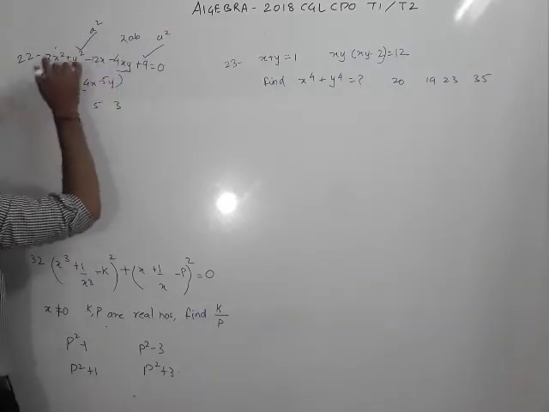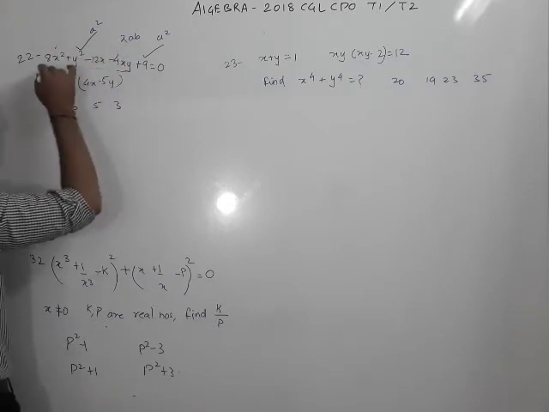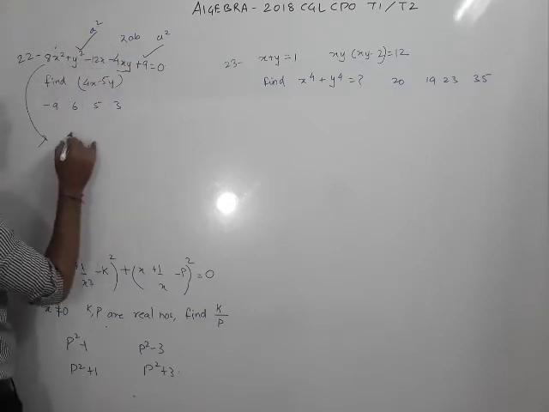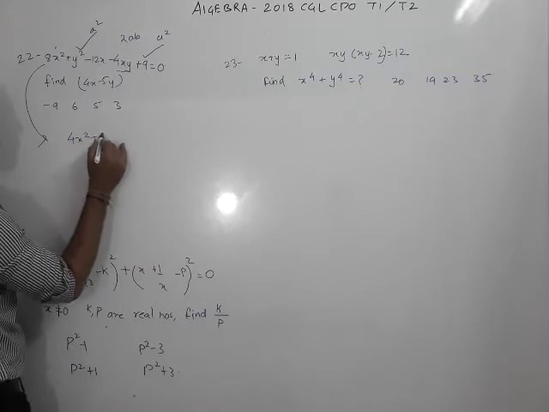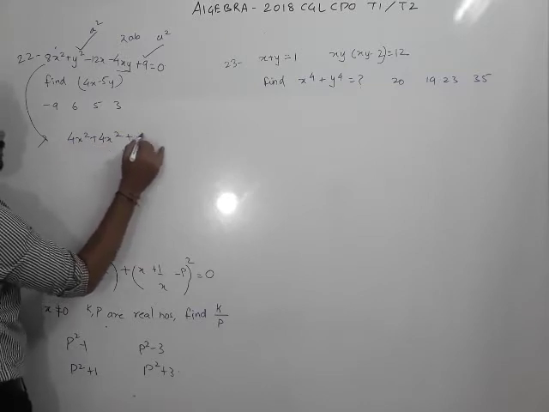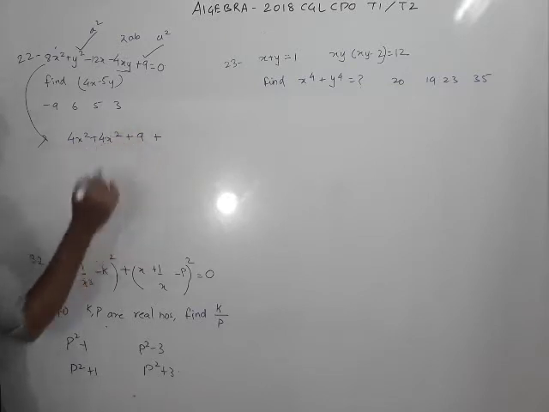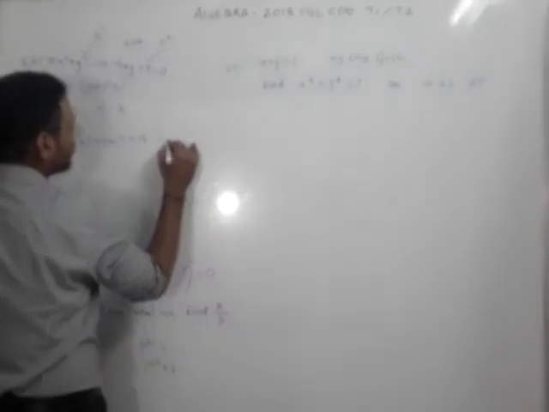So if I try to make it a whole square, I can write it as 4x square plus 4x square plus 9 plus y square minus 12x minus 4xy.